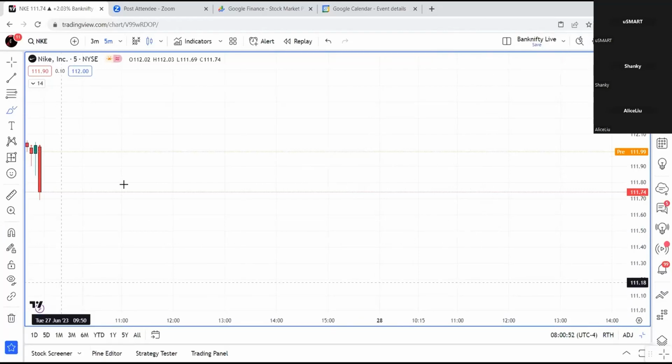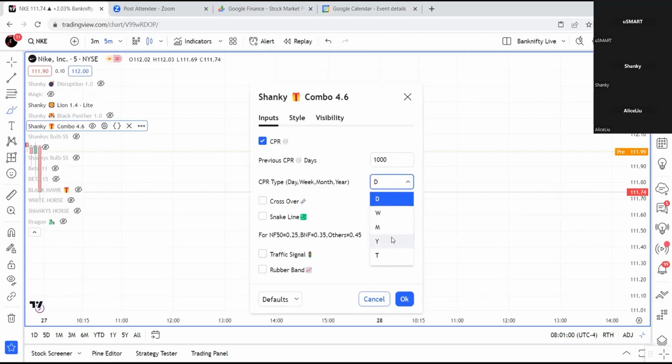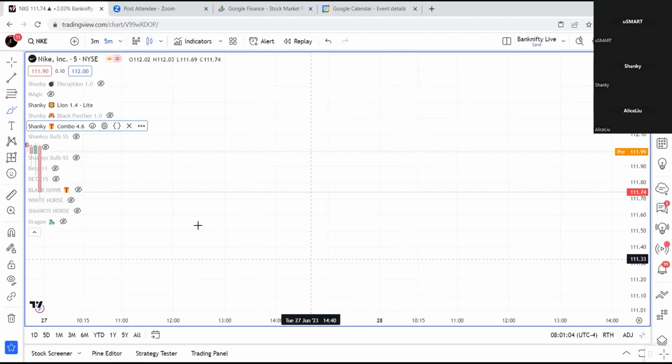And how to get the strike price? So in Nike, for how to get a strike price, if you have good capital, what you can do is go with monthly CPR.